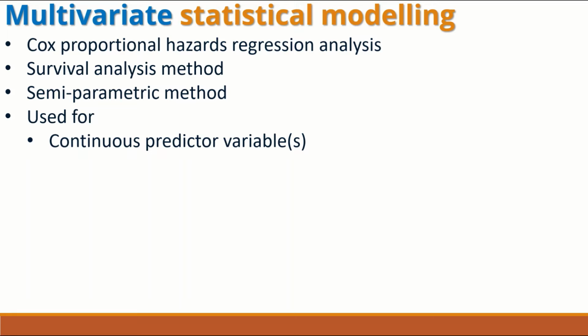So when there is a continuous predictor in the data, then the Kaplan-Meier survival curve or the log rank test cannot be used. Only Cox regression will be used. The regression can be used also for categorical variables, or it can be used for multivariate analysis, such as a combination of different predictors that are continuous and categorical.